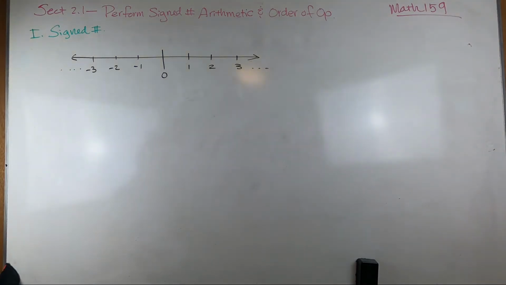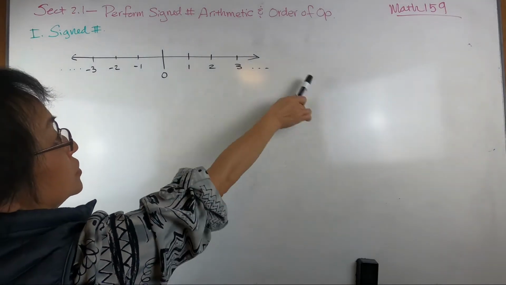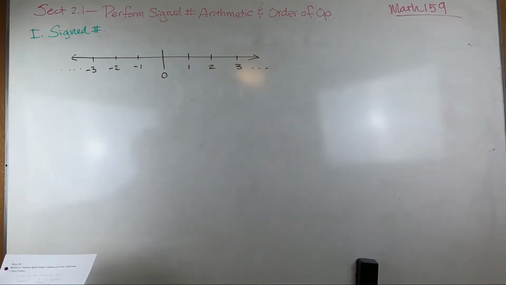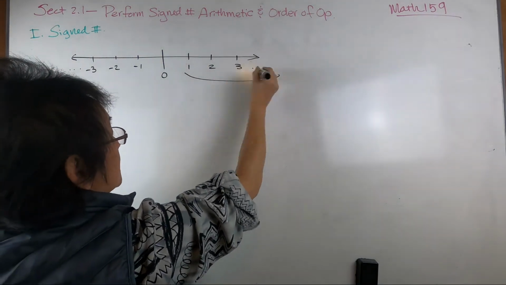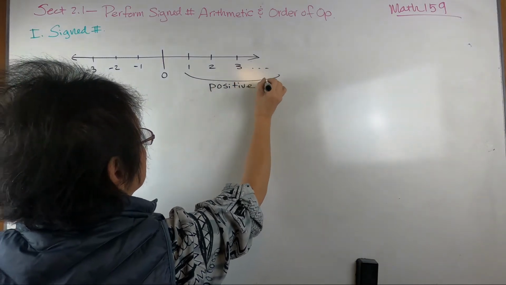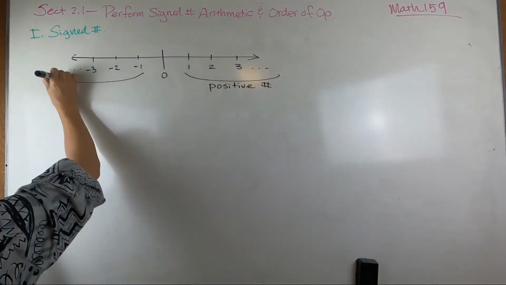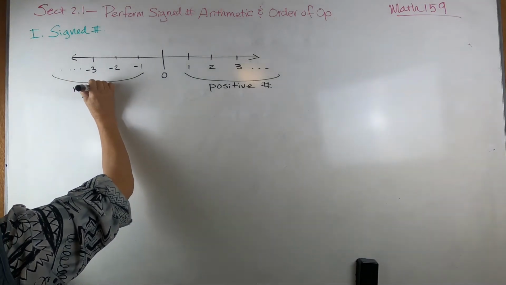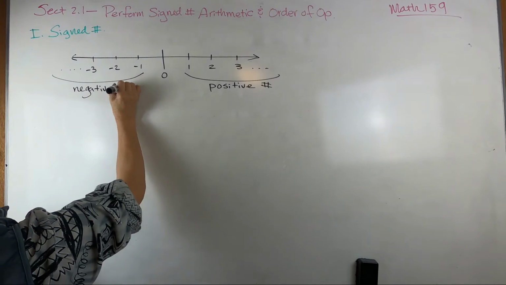So which side is getting bigger? Which side is getting smaller? When you go to the right-hand side, it gets bigger. Left-hand side gets smaller. So on the right-hand side, you will have what? Positive numbers. On the left-hand side, you will have what? Negative numbers, right?